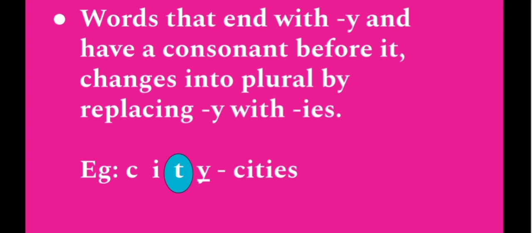I'll make it clear once again. In the word city, the last letter is Y, but the letter that comes before Y is T, and T is a consonant, and because T is a consonant, we change Y into IES.